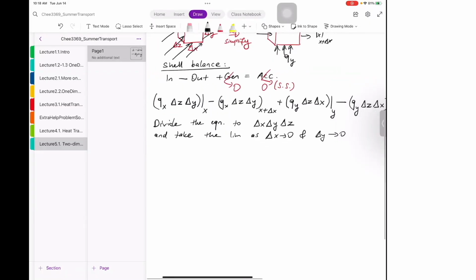If you divide this equation by delta x, delta y, delta z, then the delta z's are going to cancel.